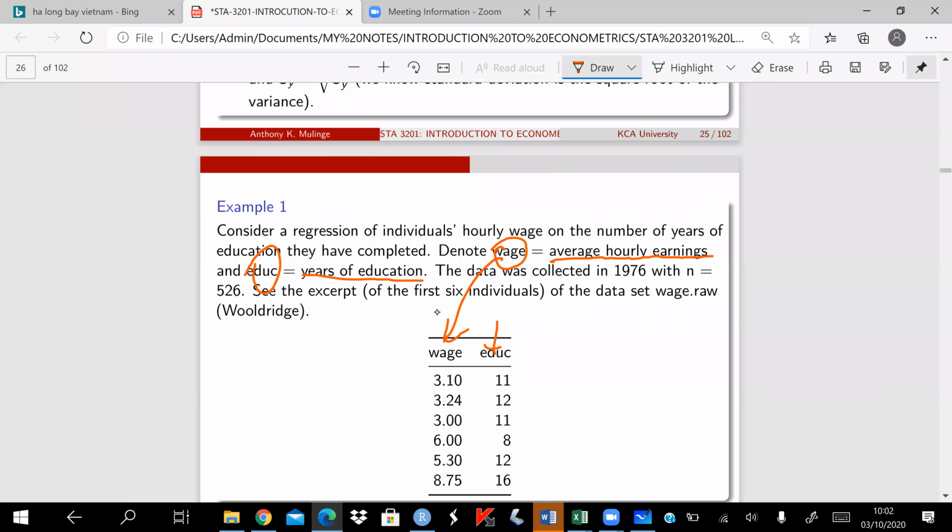What is showing here is just an extract of the longer data set. This data has 526 observations, but here I've only shown 6. These are just 6 individuals.